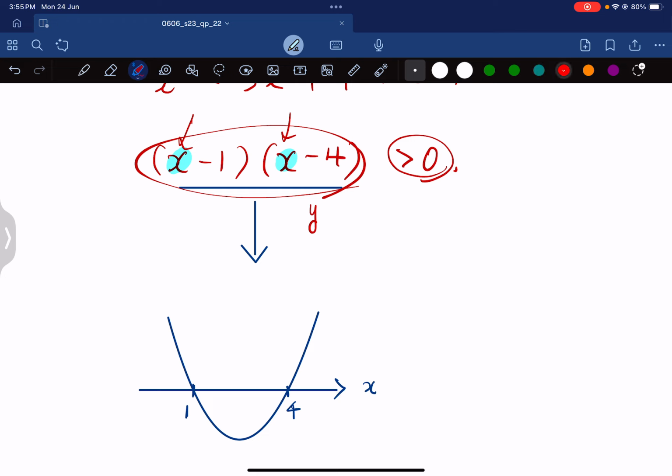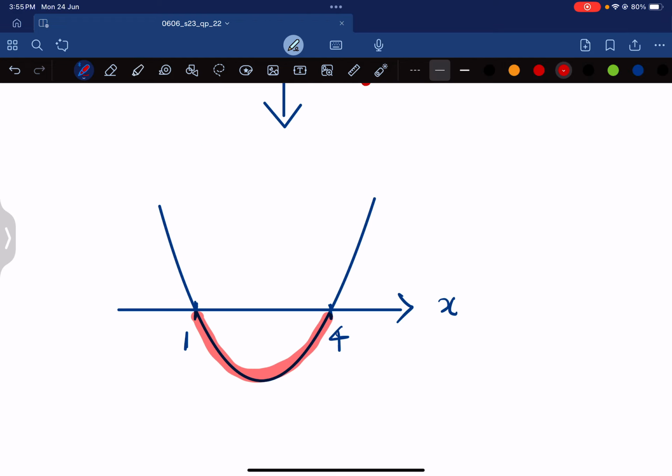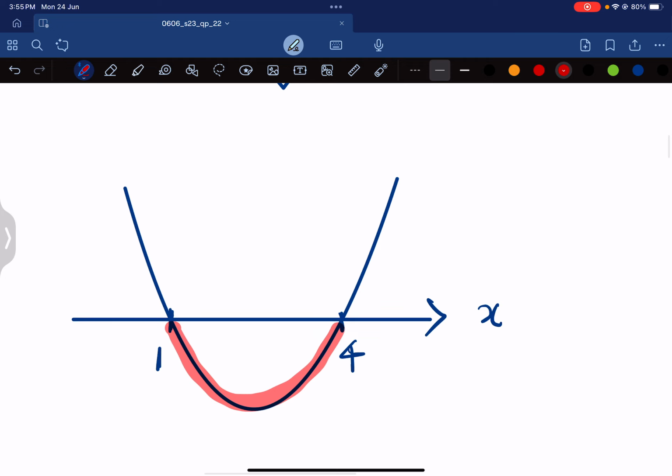Every point on this part of the curve has negative y coordinate. Let's say this point has negative y, this point has negative y.